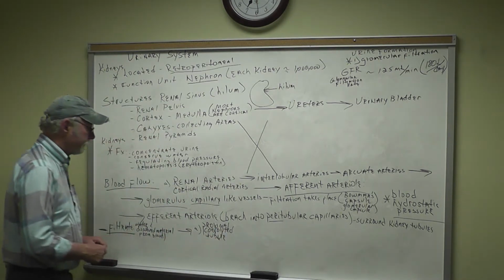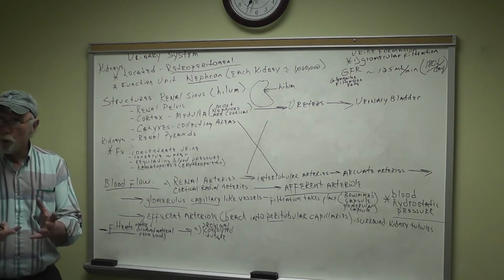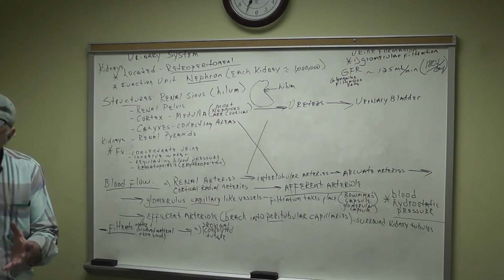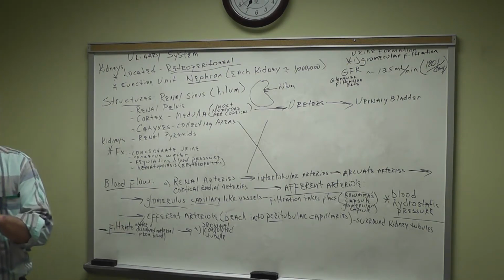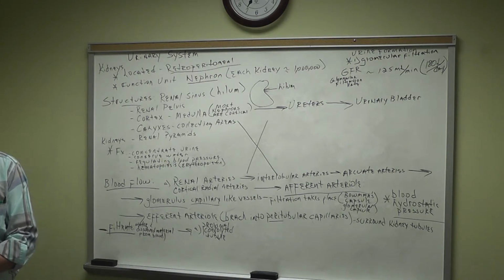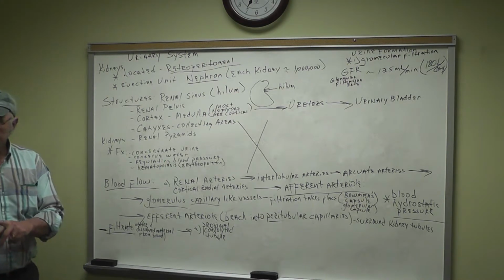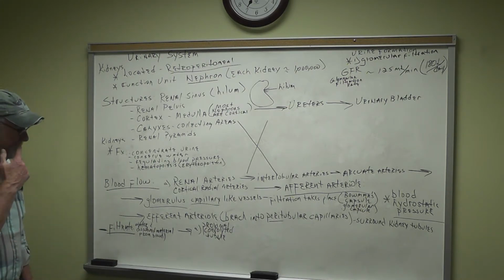Convoluted tubule. It's at this point where we start to reabsorb back into the blood those materials that the body needs, primarily water, sugar, glucose, salts, sodium, potassium, chloride, magnesium, and different ions.